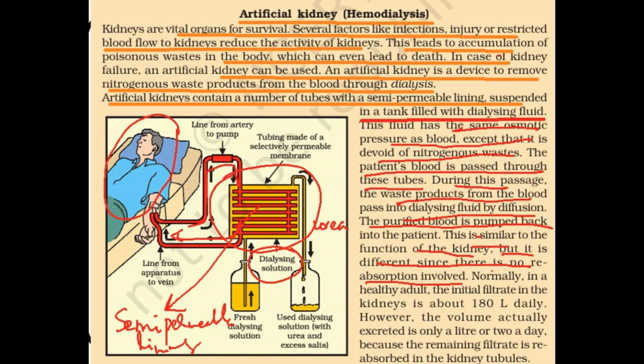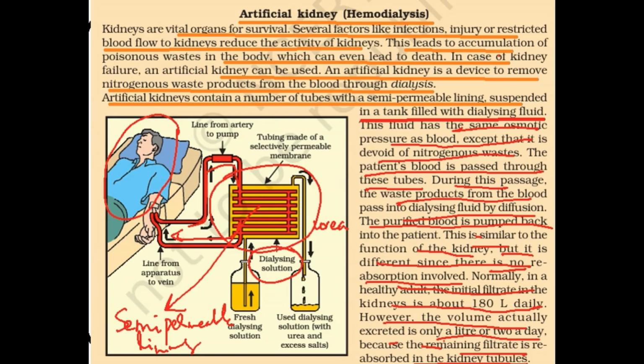So normally in a healthy adult, the initial filtrate in the kidneys is about 180 liters daily. However, the volume actually excreted is only 1 or 2 liters a day, because the remaining filtrate is reabsorbed in the kidney tubules.